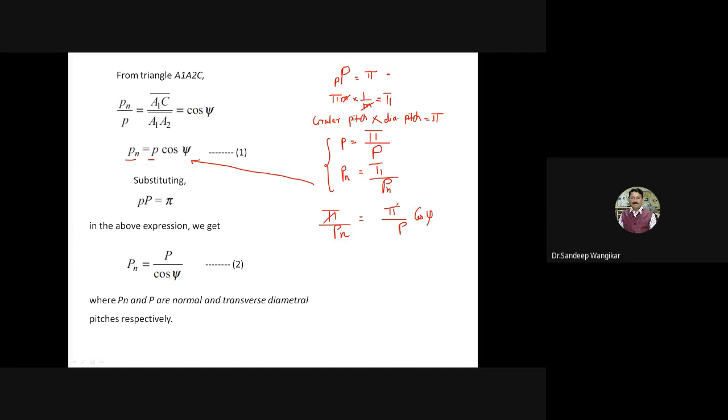So again this pi will get cancelled, and if I want to write Pn, then I take cos of psi to the other side. So Pn is equal to P divided by cos of psi, and this is highlighted here. So Pn and P are the normal and transverse diametral pitches. So what we have done here: Pn and P are the circular pitches, and we have converted circular pitches into diametral pitches. So write down this.